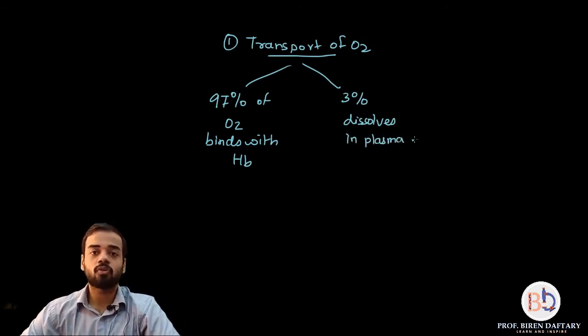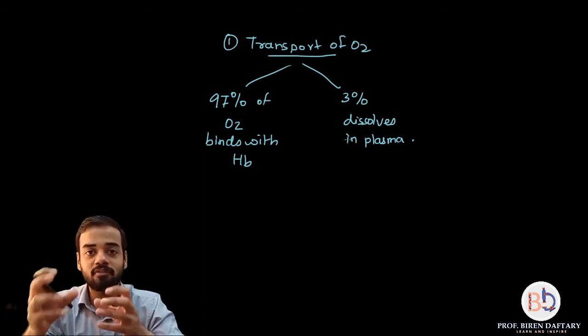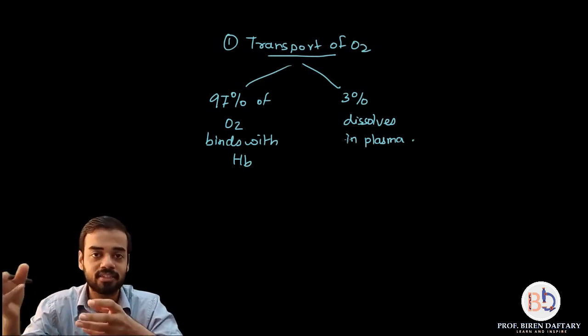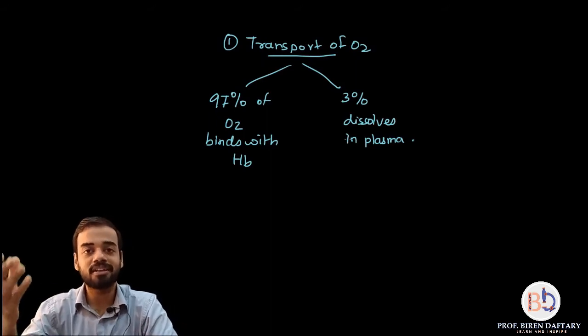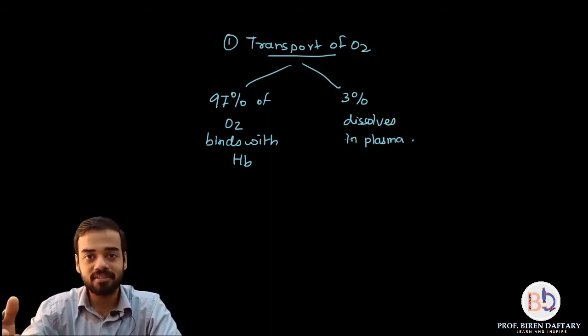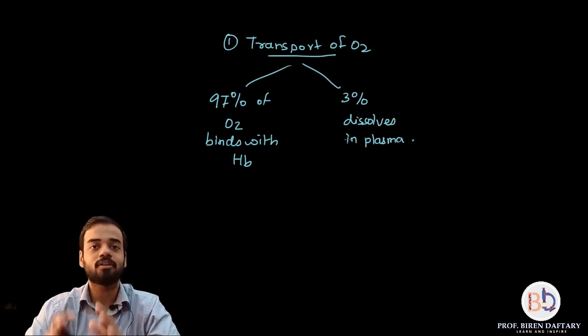For all those who don't know, blood is made up of two things. First is the plasma, the liquid part of the blood which mainly contains water and plasma proteins, and inside that plasma are present different kinds of cells, for example red blood cells, white blood cells, and platelets. Together, plasma and all these cells form the blood.